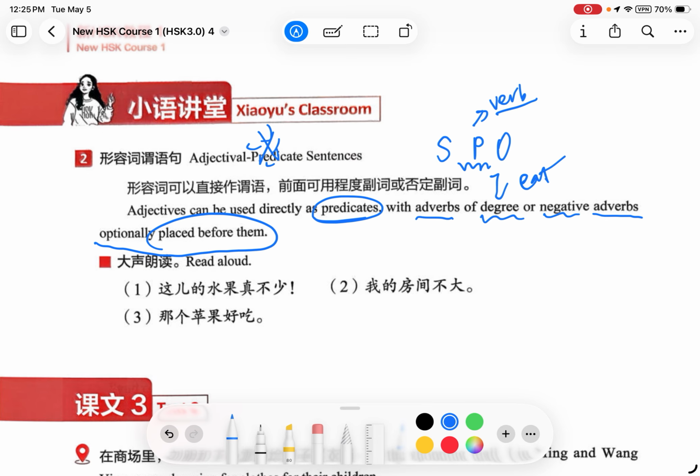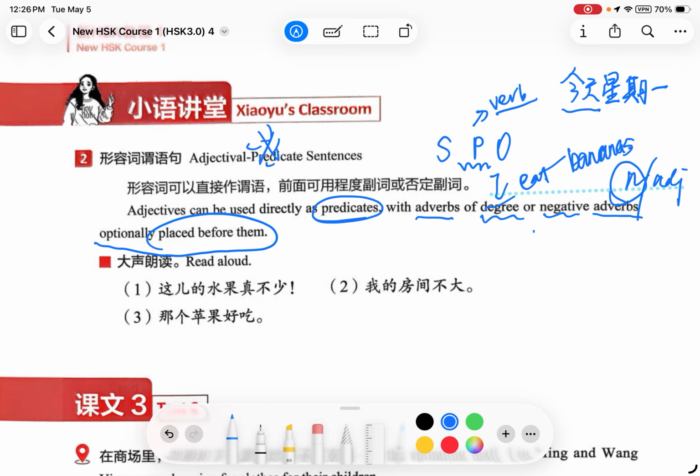bananas. But sometimes, this predicate can also be either noun or adjective. We learned noun before, like 今天星期一 today, Monday.